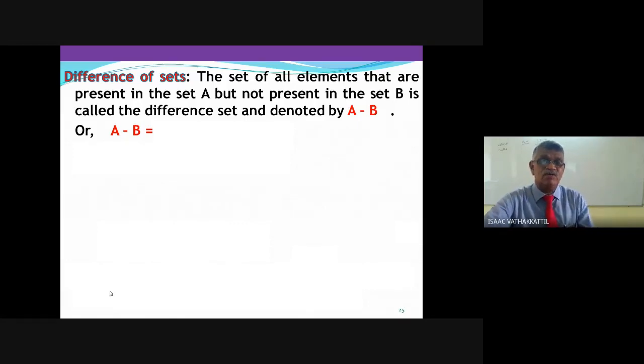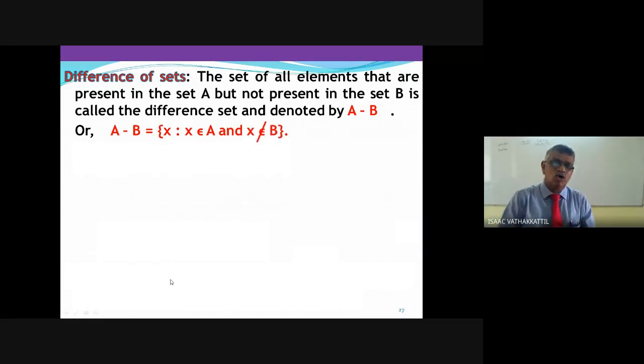We are taking out the elements of B from A: the set of all x such that x belongs to A and x is not in B.